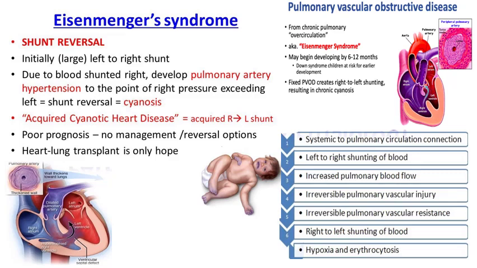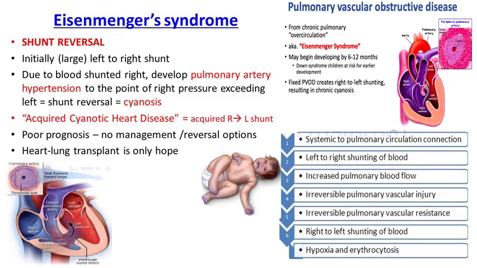So the lungs receive less blood than normal for oxygenation. After the oxygenation, the blood is again circulated to the left atrium, which is of less quantity than required because of the pulmonary artery hypertension.